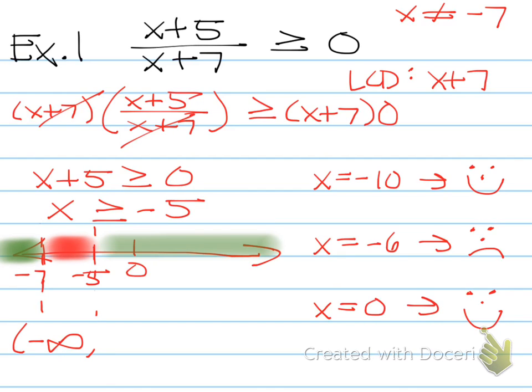So now we can write our solution in interval notation. The furthest left interval is going to go from negative infinity to -7, not including the -7, since we determined initially that x cannot equal -7. And then union. There should actually be a square bracket right here, because when we solve, we determine that x can be greater than or equal to -5.